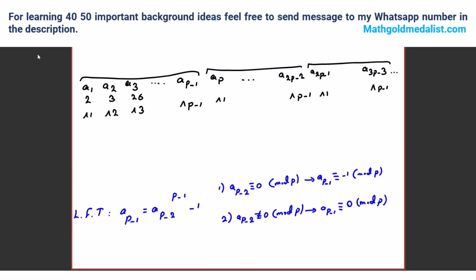Okay. If the previous one is 0, this one would be what? Negative 1. Negative 1 to the 1 minus 1 is minus 2. And minus 2 squared minus 1, 3. Or if it is not 0, then this one would be 1.